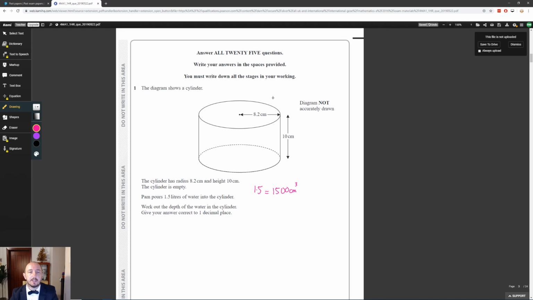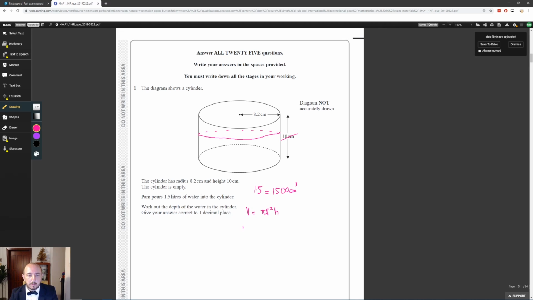But we only have a radius of 8.2. So the volume is equal to, the formula's in the front, pi r squared h, and the depth of the water is actually going to be the new height, and we need to see how high that's actually going to be. So the 10 centimetres we don't actually need.